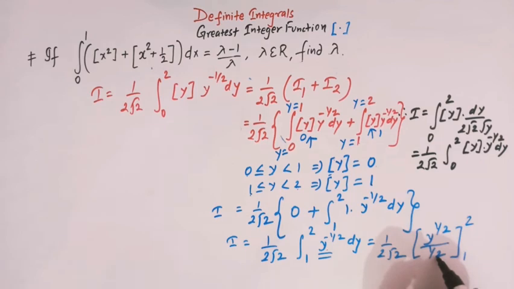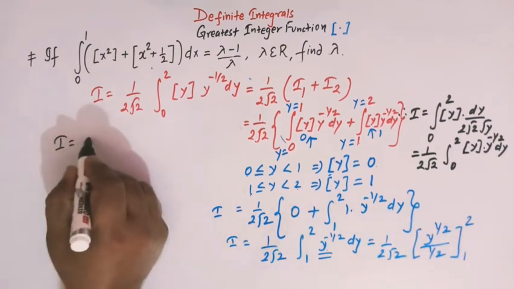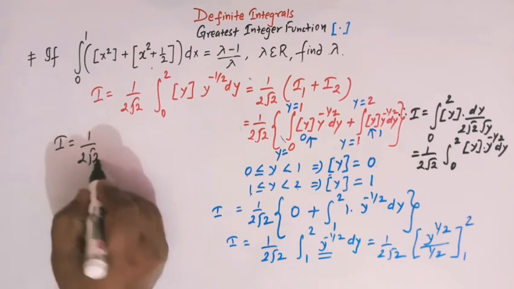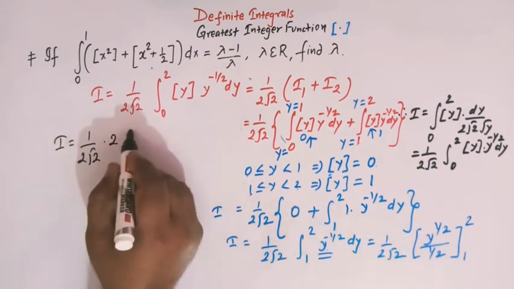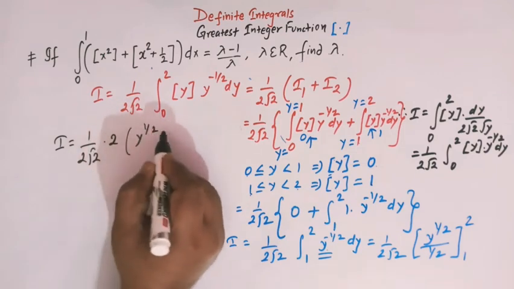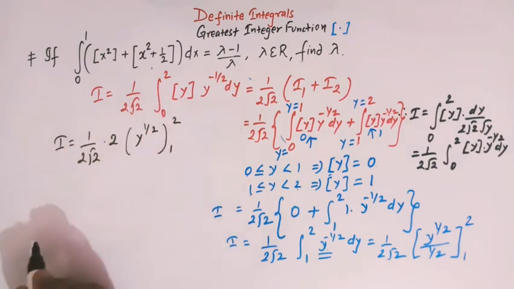So now taking this 2 to the numerator, we have I is equal to 1 over 2 root 2, and we can take this 2 in the numerator, and we have y raised to half from 1 to 2, right?